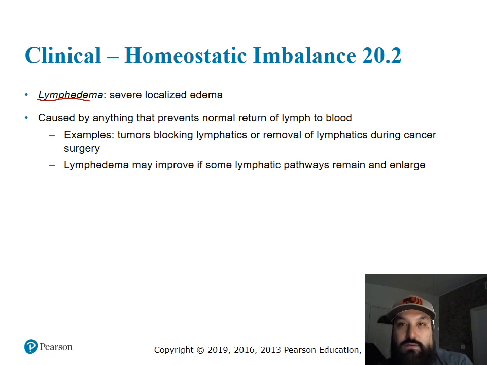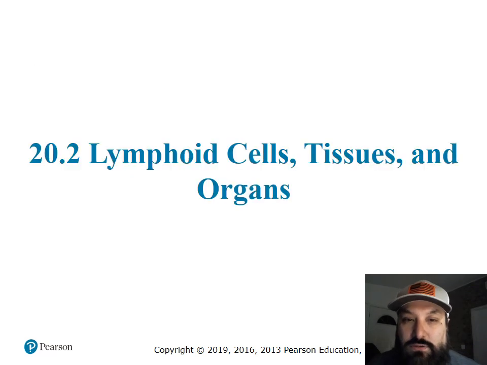And because of that, we've got edema setting in. That is really because there are no lymphatic vessels there to actually pick up that lymph fluid. And so sometimes we can have lymphatic pathways emerging. Those anastomoses can continue to connect, and so we have new connections there that can assist with the flow as well. Okay, so we're in 20.2.